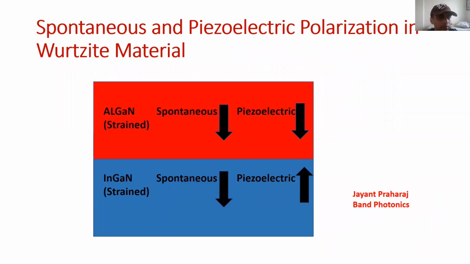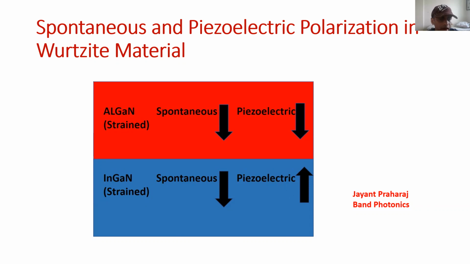This slide shows a very important set of material properties for Group III Nitride semiconductors, and those are called spontaneous and piezoelectric polarization. The figure here shows the typical directions of spontaneous and piezoelectric polarization when we have one epi layer grown on top of a substrate or another underlying epi layer.